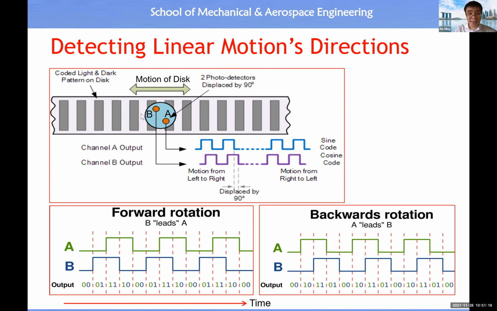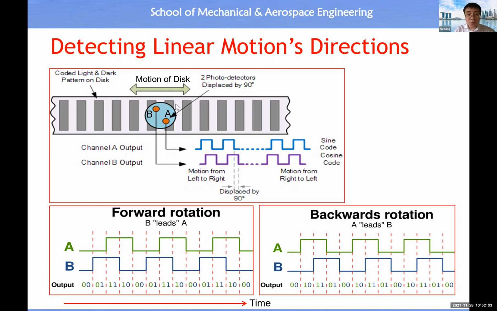From left to right, you will see the transparent pattern will first enter the path between the light emitter and the light detector which belong to signal B. Just imagine you have a light emitter and light detector underneath for signal B. So this will enter the path of signal B. Therefore, signal B will lead signal A. So you will see a rising edge for B followed by a rising edge from A.